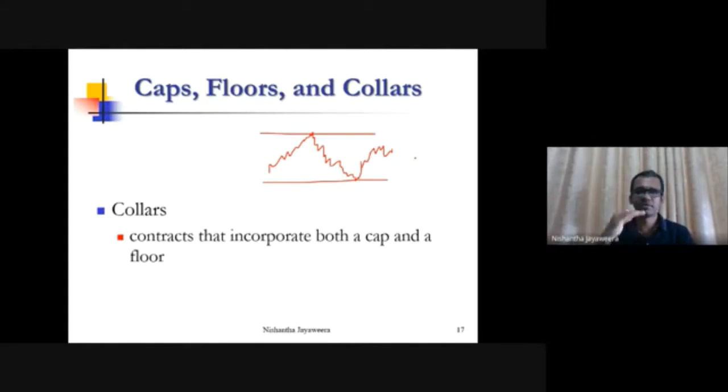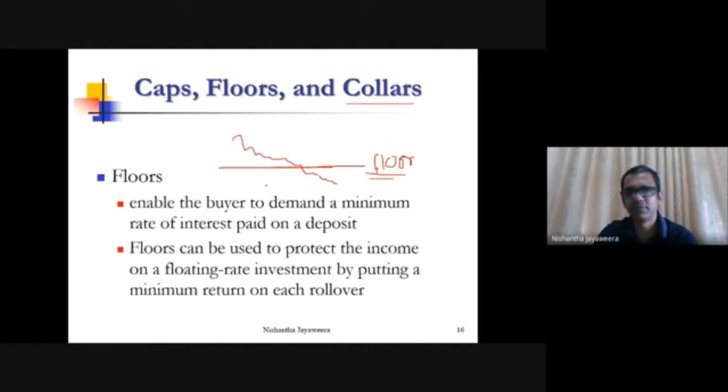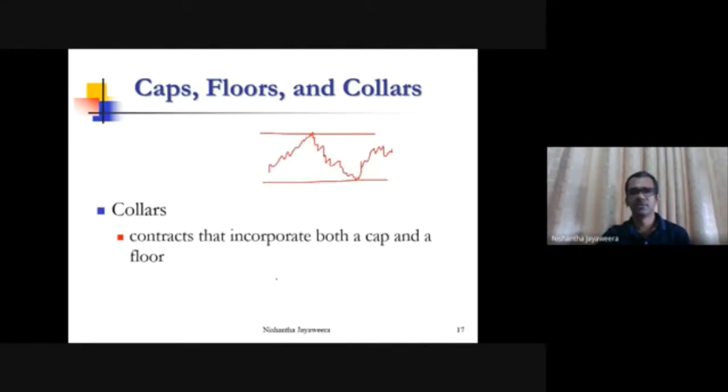So you have some certainty. Depending on your business, you may go for these things. It's not only for interest. These products can be used for buying any other commodity or foreign exchange, or anywhere you can use these caps, floors, or collars.